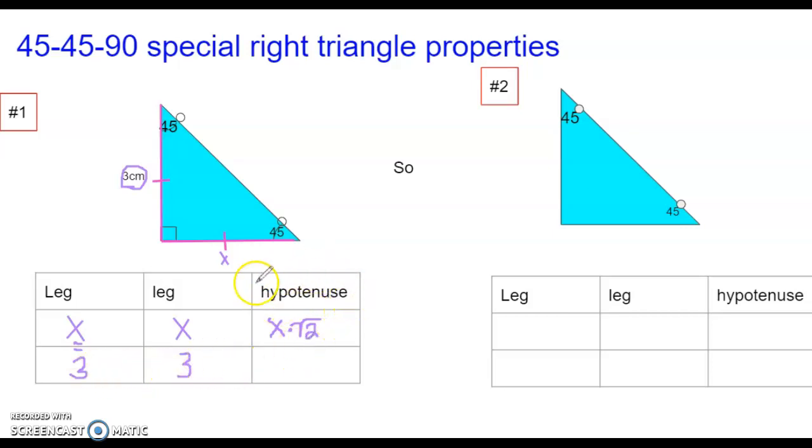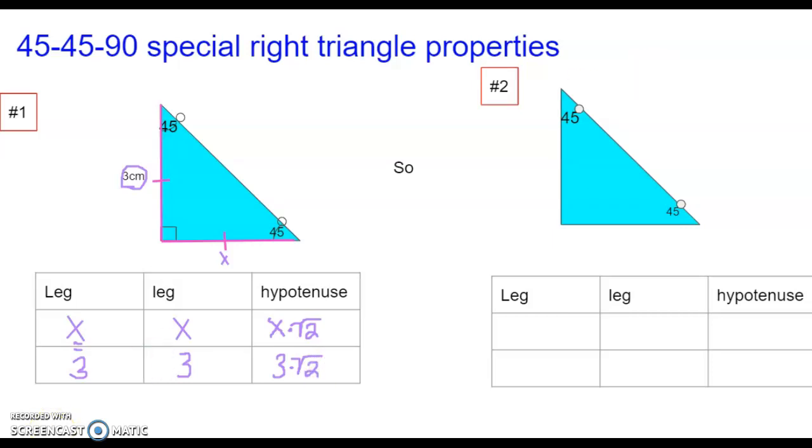Now the hypotenuse, all I have to do to find the hypotenuse is multiply the length of the leg times the square root of 2. So the hypotenuse is 3 times the square root of 2. We can just leave it like this, or you can get a decimal form if you wanted to.